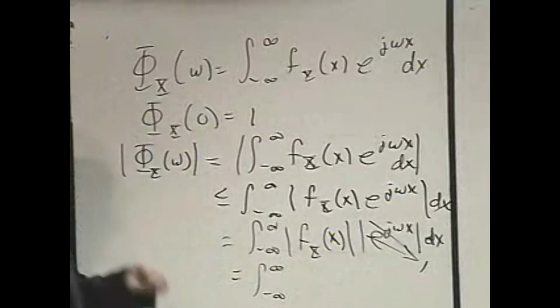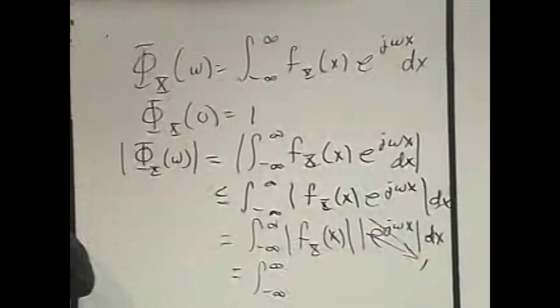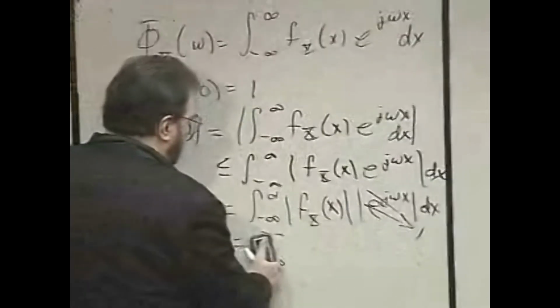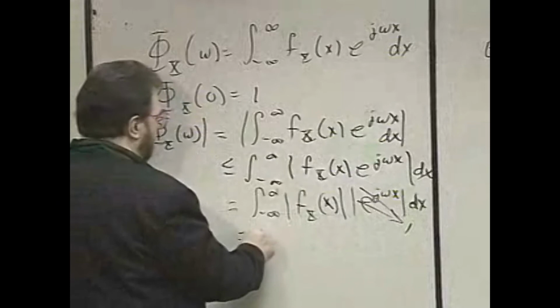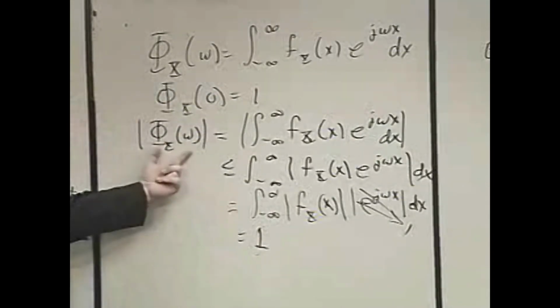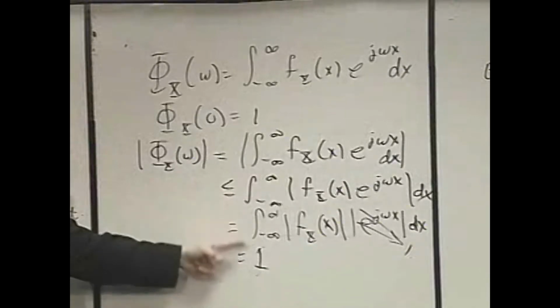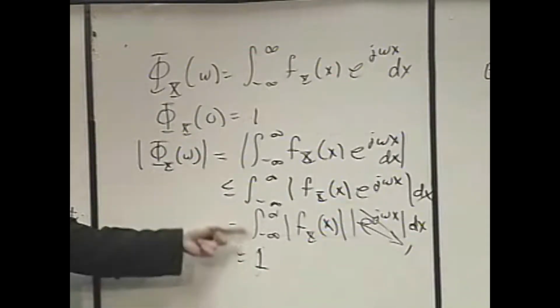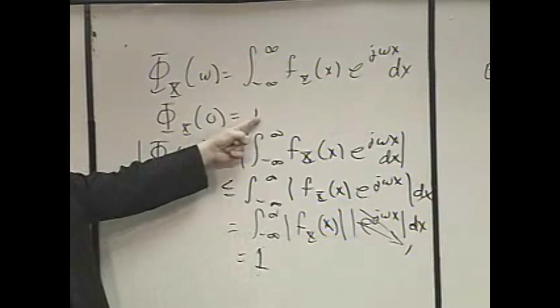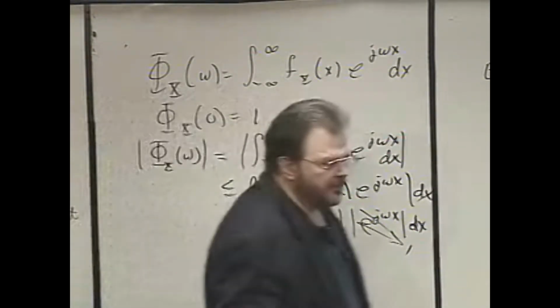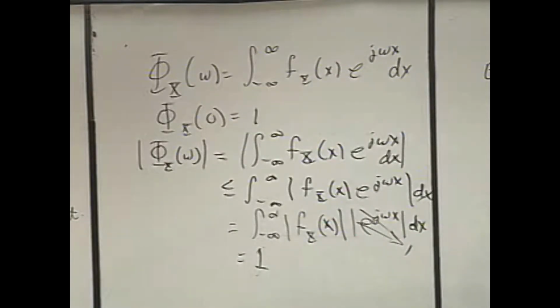Well, heck, f sub x is non-negative anyway, so we don't have to worry about that absolute value sign. And we know that this integrates to 1. So this is the second part: the magnitude of the characteristic function is always less than or equal to 1. And that value of 1 is also equal to the value of the characteristic function at the origin. So these are two characteristics we would always expect from characteristic functions.